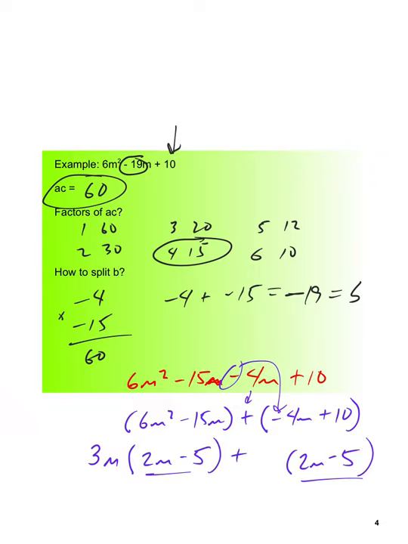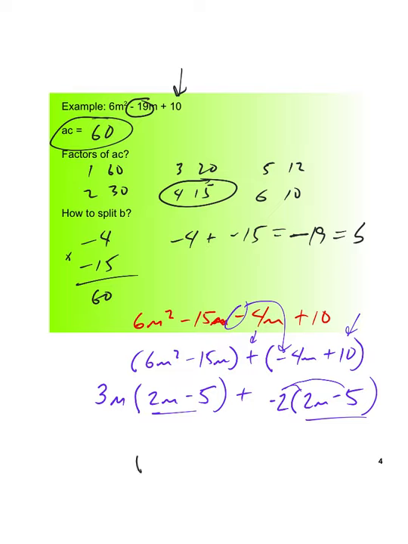So what do I pull out? I'm going to pull out a negative 2 here because negative 2 times 2 is negative 4, and negative 2 times a negative 5 is a positive 10, which is what that term was right there. So from there, I am going to factor out the 2m minus 5, and what's left there is 3m minus 2, okay, these two terms here.